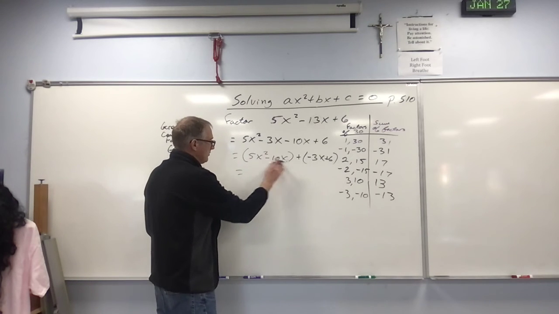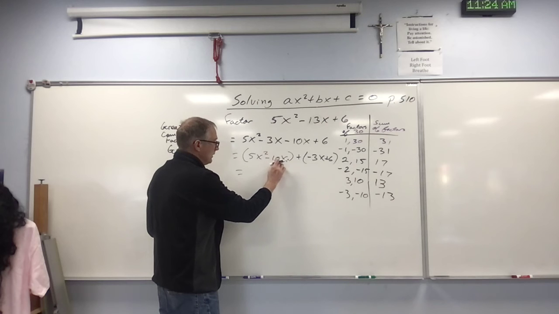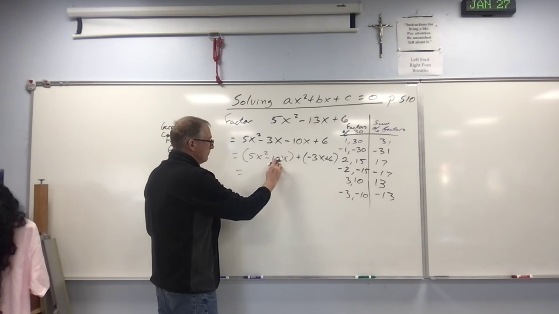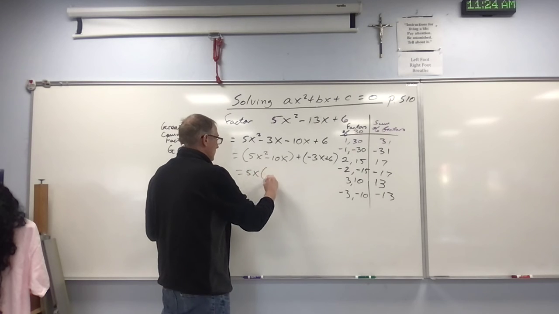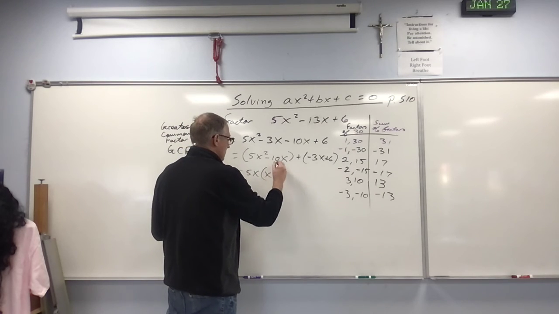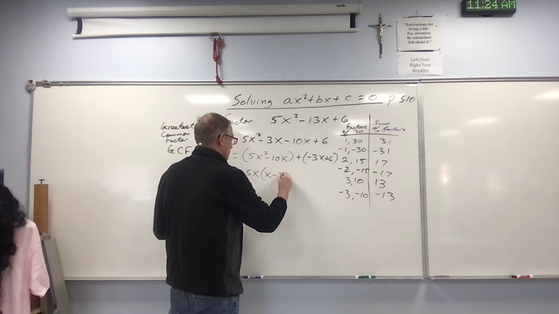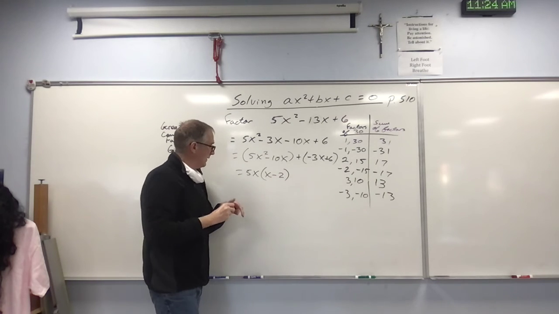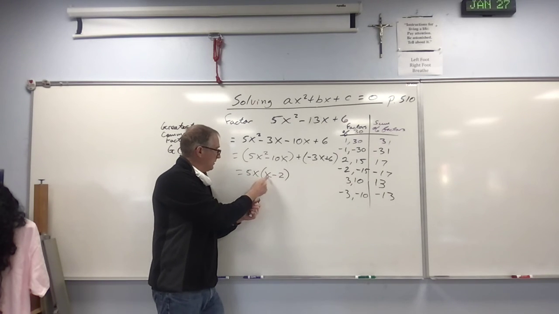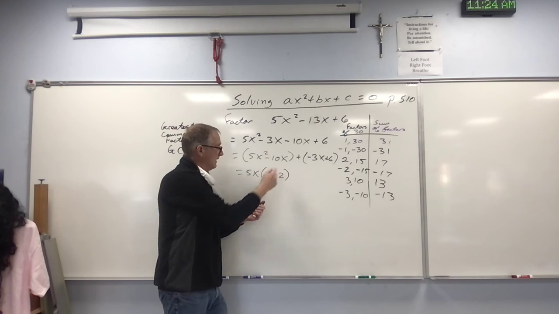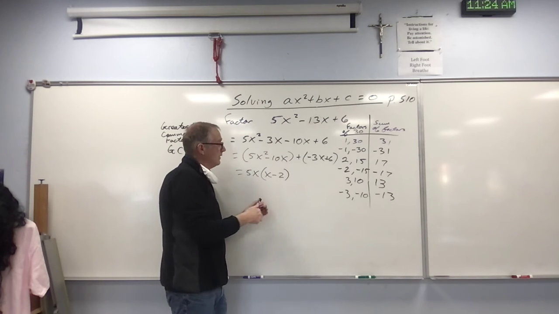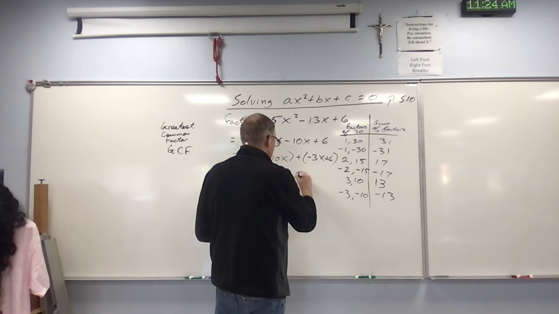We have a 5x in common here because this is 5x times x. This is 2 times 5. So I can factor 5 out, right? And I can factor an x out. So that's going to be x minus 2. Let's just be sure I did that right. Because 5x times x is 5x squared. 5x times negative 2 is negative 10x. All right, that works.